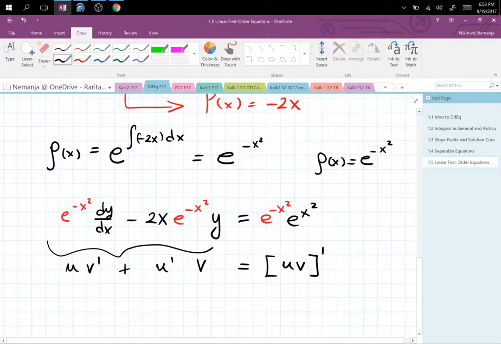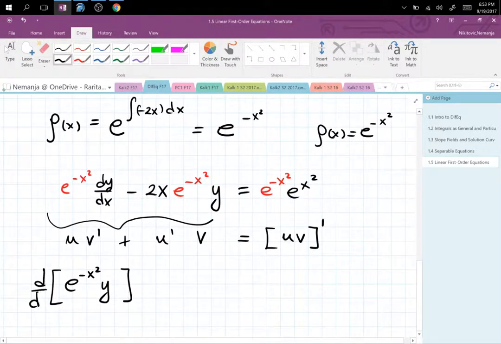So u is going to be e to the negative x squared, and then y, all of that, in the derivative, equals, this thing is just e to the 0, which is 1.